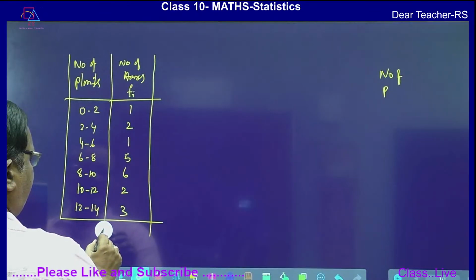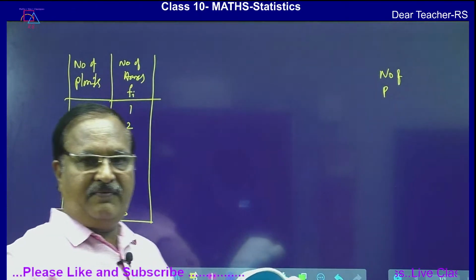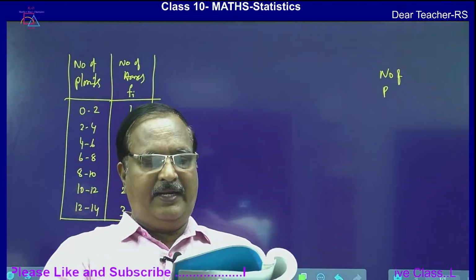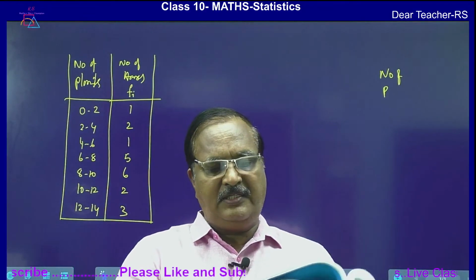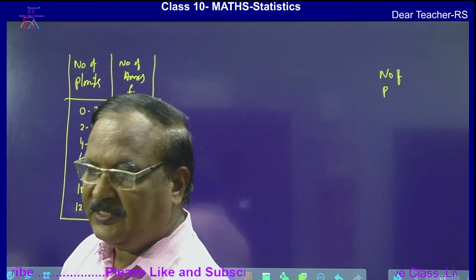This is the question. You have to find out the arithmetic mean number of plants per house. Okay, let me start my work.